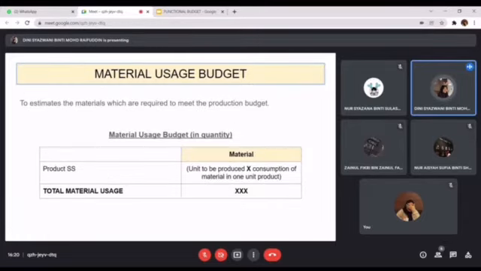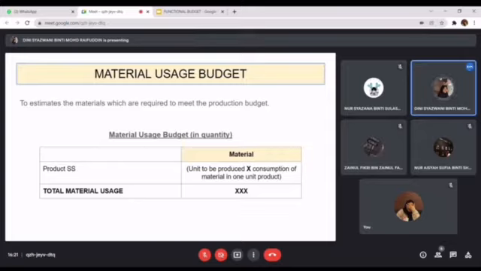After that, the material usage budget. After we have the quantity to be produced, we have to know how much material we have to use. The material usage budget is prepared to estimate the materials which are required to meet the production budget.